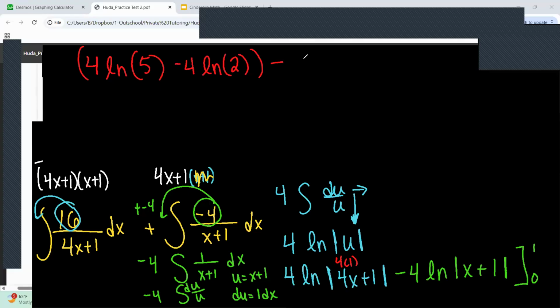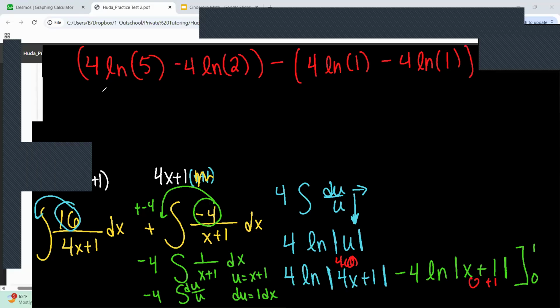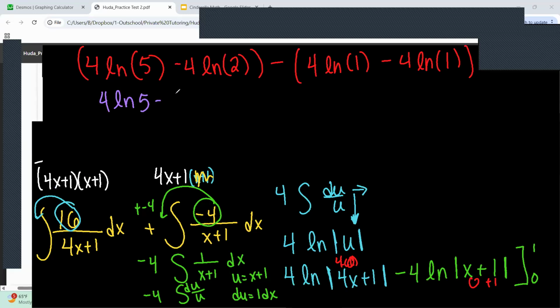Minus, put in 0. So this will be 4 natural log, put 0. So 4 times 0 is 0. 0 plus 1 is 1. Minus 4 natural log 0 plus 1 is 1.